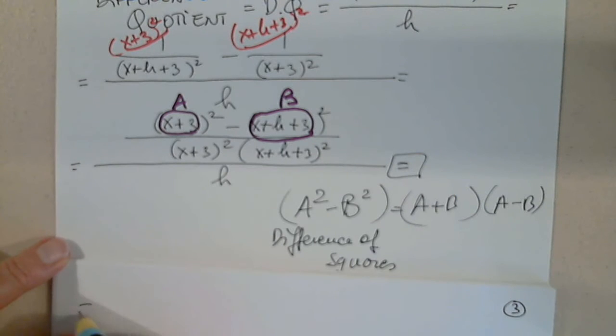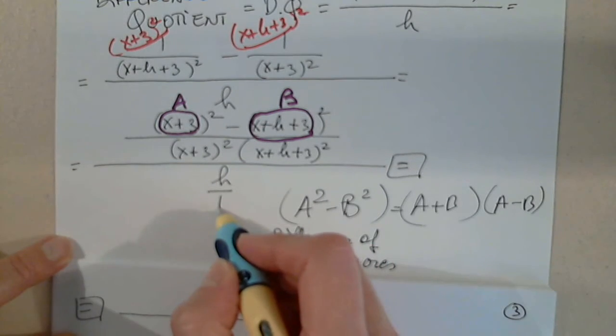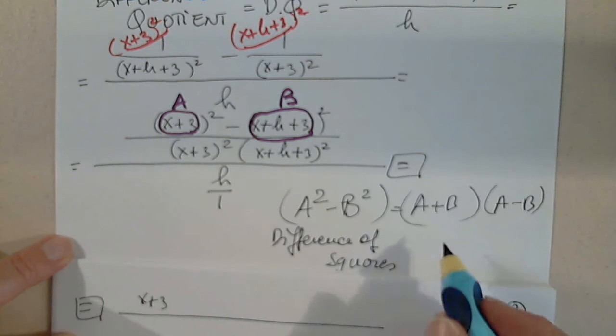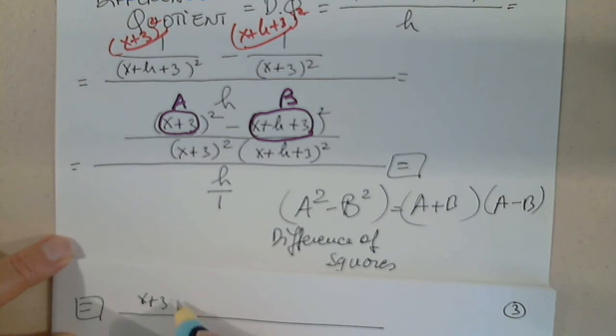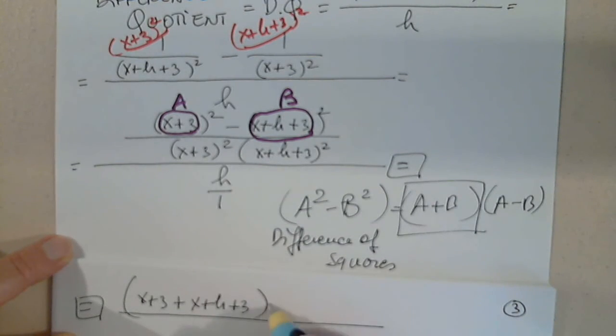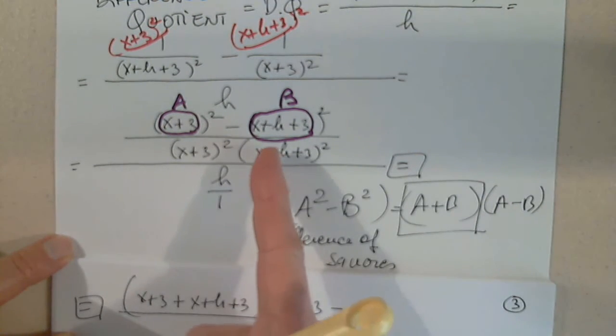Here's my continued expression. And this is h over 1. Then x plus 3 plus x plus h plus 3. And I finished with this part, multiplied by, this time x plus 3, but minus this quantity.